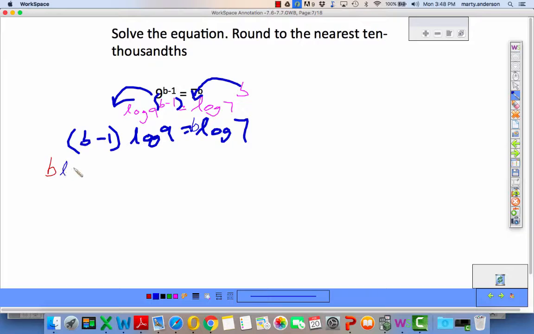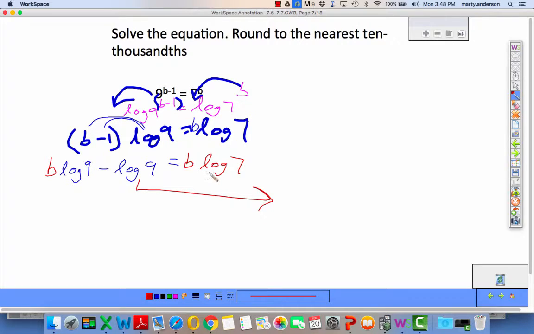b times the log of 9 minus the log of 9, that's the distributive property, equals b log 7. So I'm going to move the log 9 over here, and I'm going to move this term with a b over here.